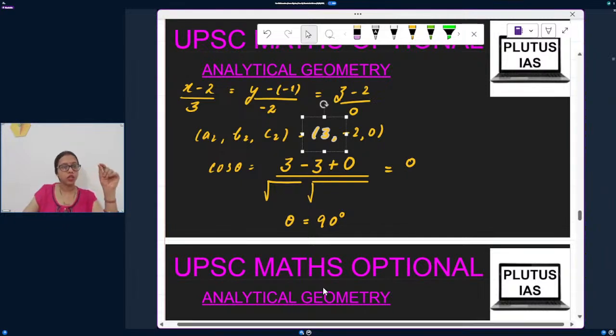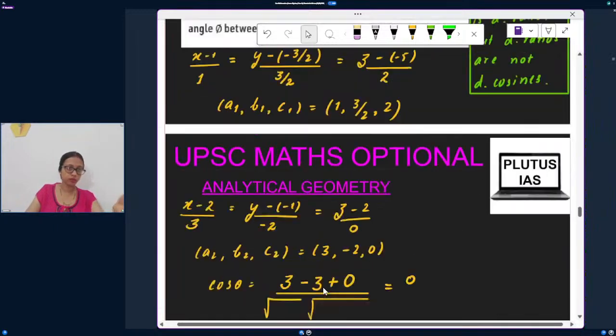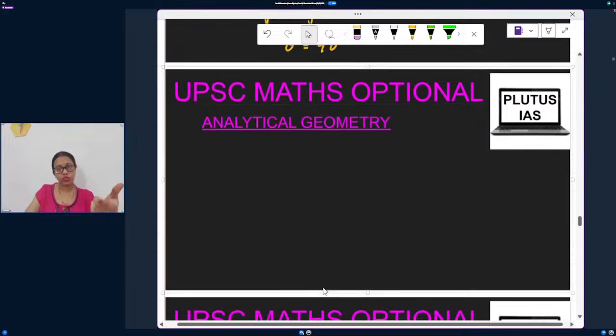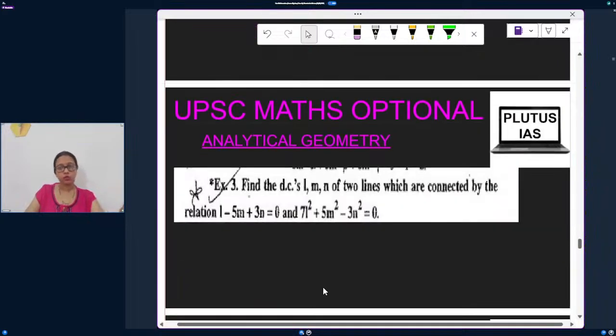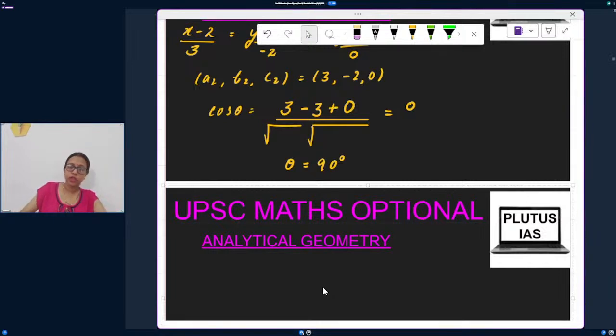If questions are asked on direction cosines and direction ratios, it will definitely not be an angle finding formula, it will be questions like this. Okay, so before that, let's see one more thing.